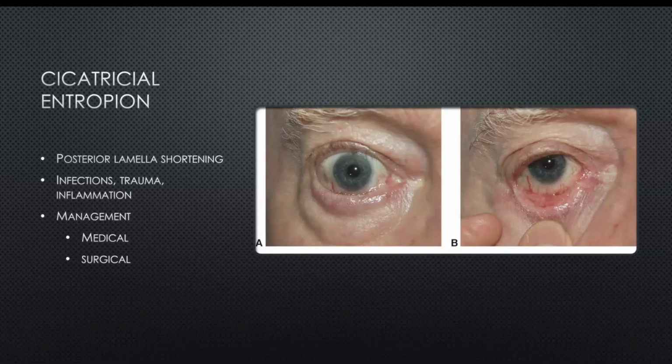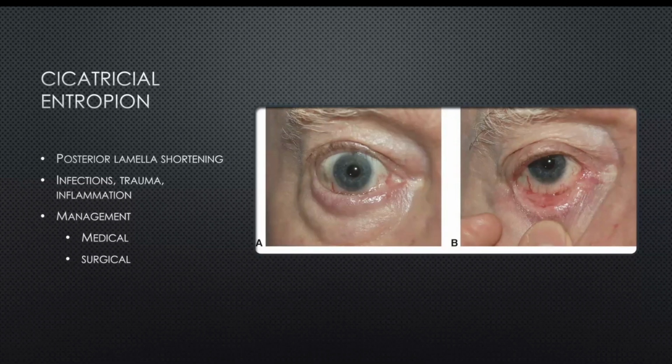Previous penetrating trauma to the lid, if they've had some scarring as a result, can pull the eyelid in. And also inflammatory diseases, so things like ocular pemphigoid, can also, over time, cause cicatrizing disease of the posterior lamella and pull that eyelid in.